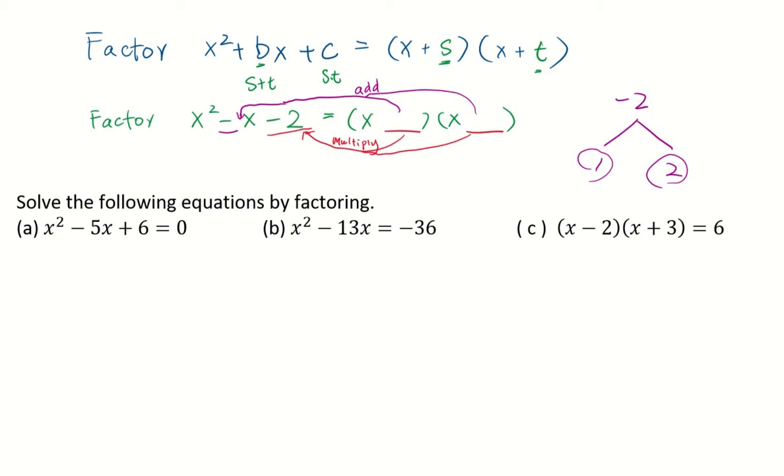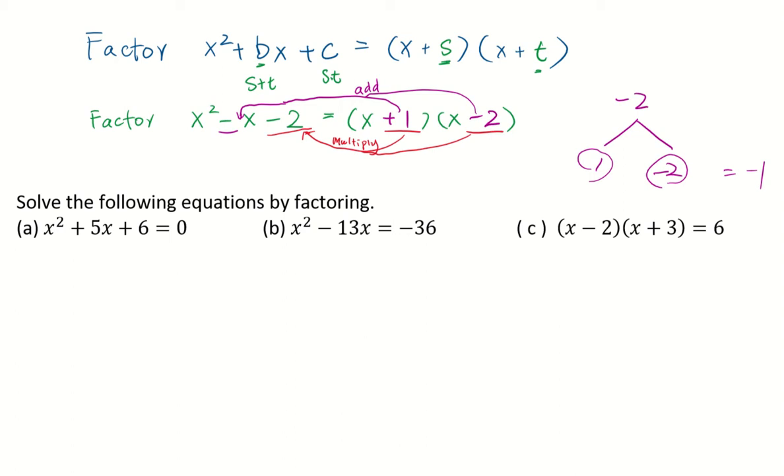Well, they add up to be negative 1. That means this 2 must be negative and 1 is positive. So the two numbers we want will be positive 1 and negative 2. So I will write here plus 1 minus 2.